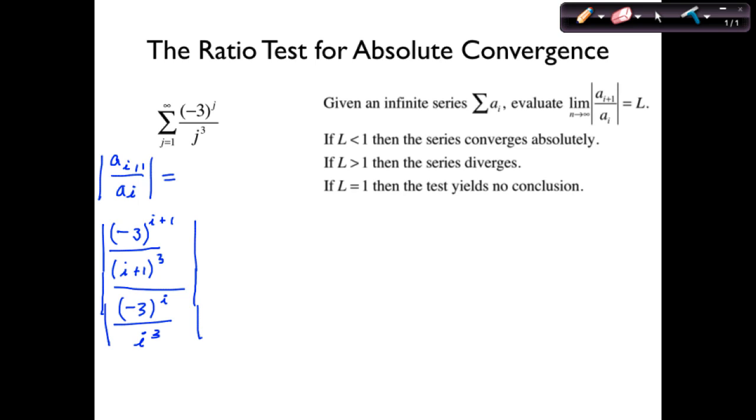And how do you divide fractions? Multiply by the reciprocal. We're going to multiply by the reciprocal of the ith term. So that's i cubed over -3 to the i.